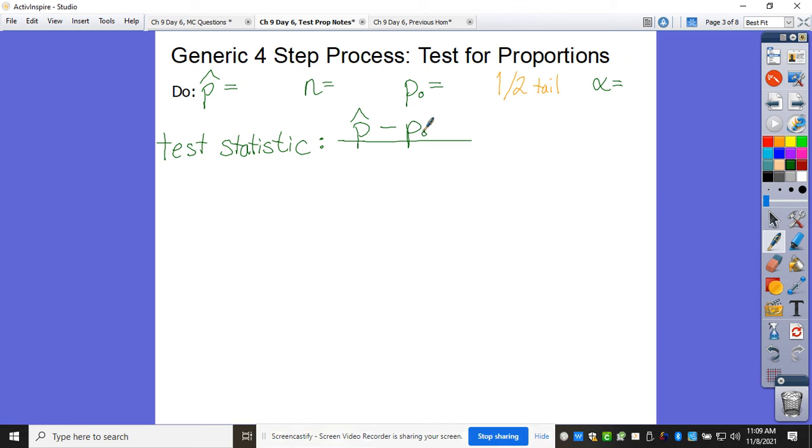And then, in general, what is our equation for standard deviation when we're dealing with proportions? In general, square root of p times 1 minus p over n. But if I have both of them, which p do you think I should use?